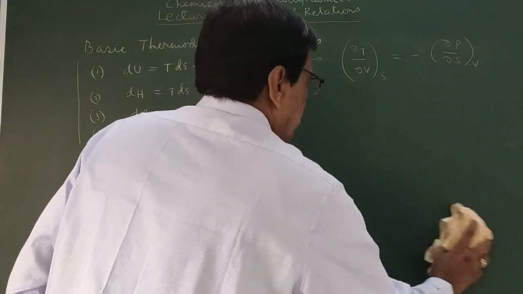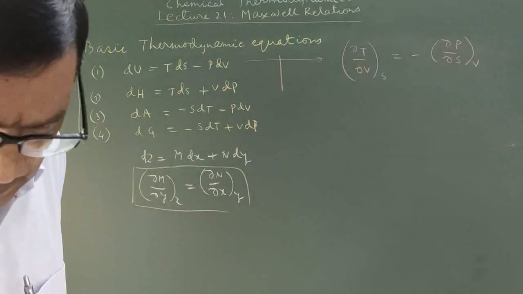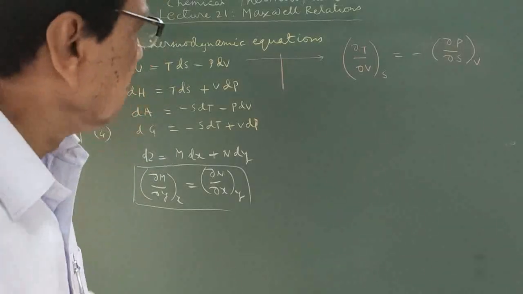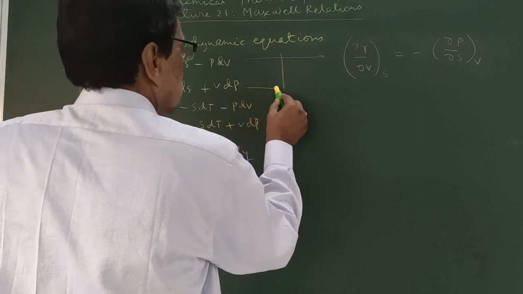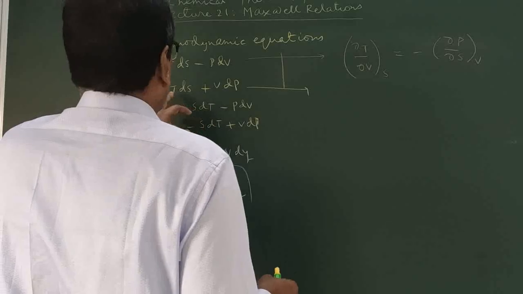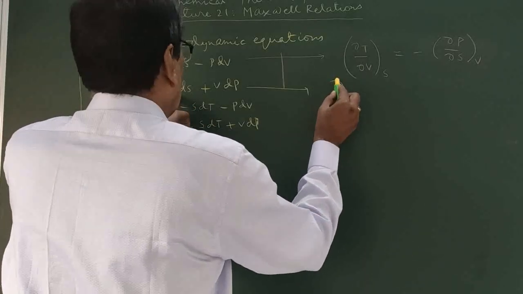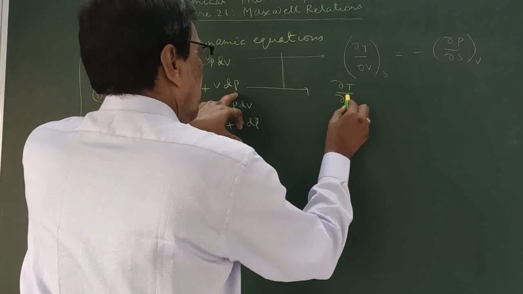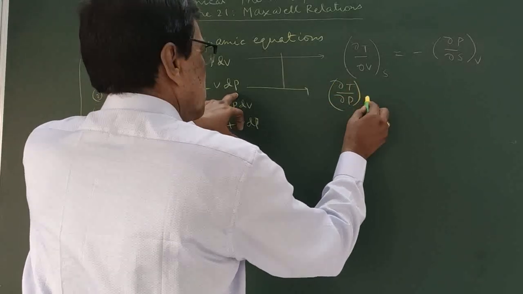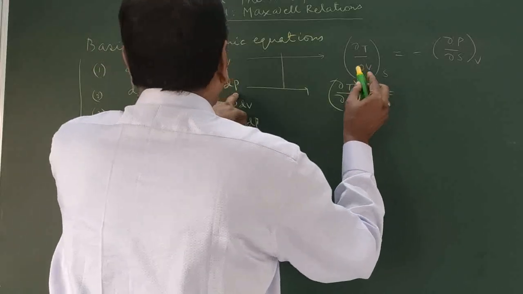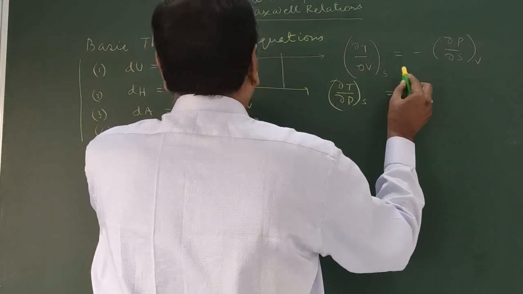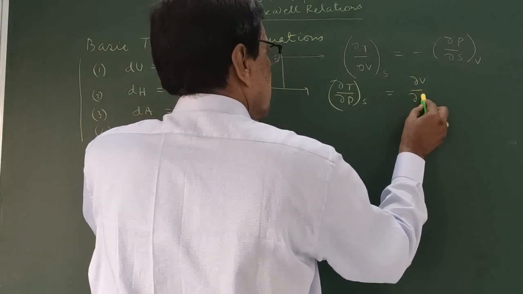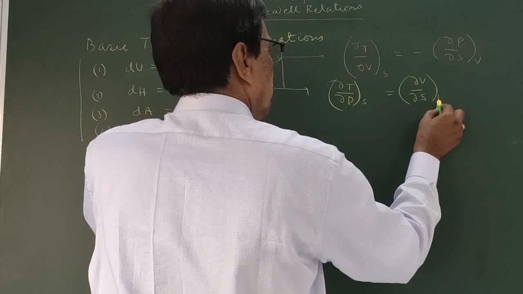In that case, from this second one, I can also write del T by del P at constant S equal to del V divided by del S at constant P.